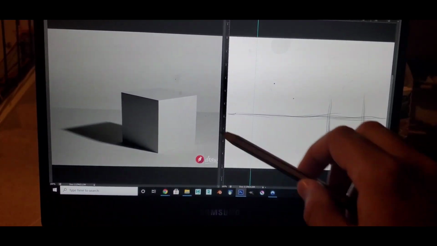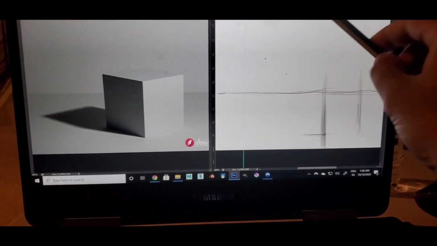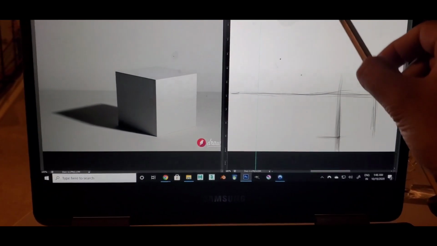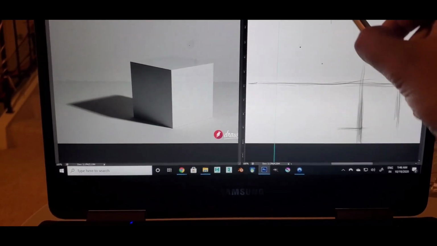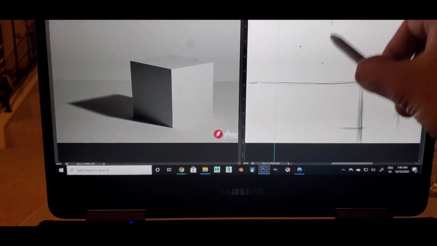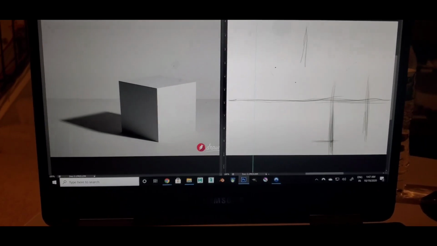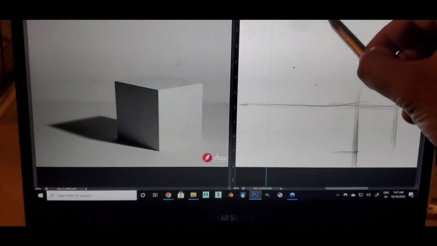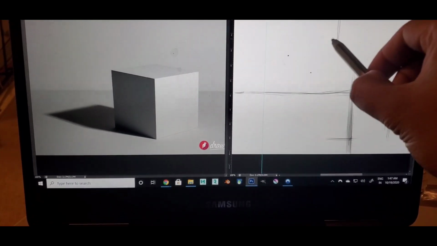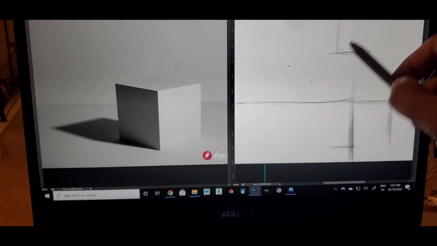What I want to teach you for the angle is to learn by heart these basic angles in your head. Like for example, this is 90 degree, everybody knows that. I assume everybody knows this is 45 degree.